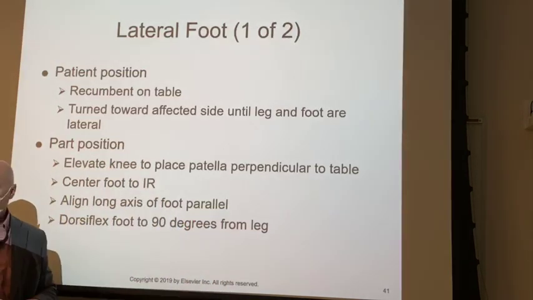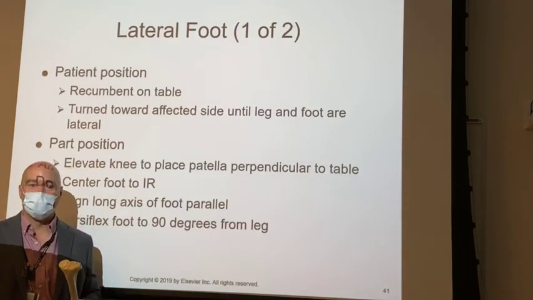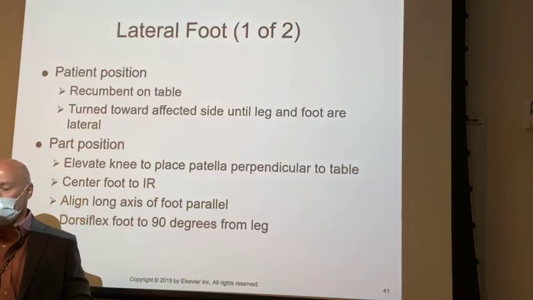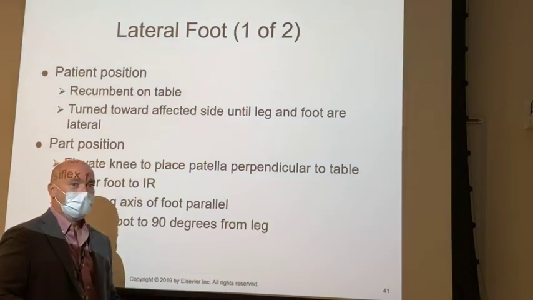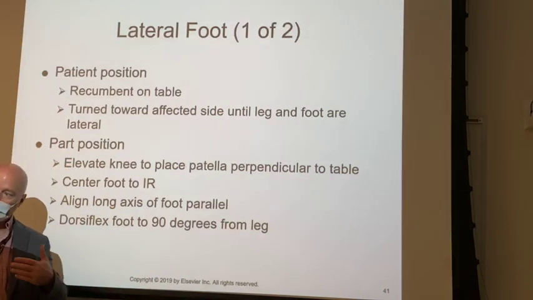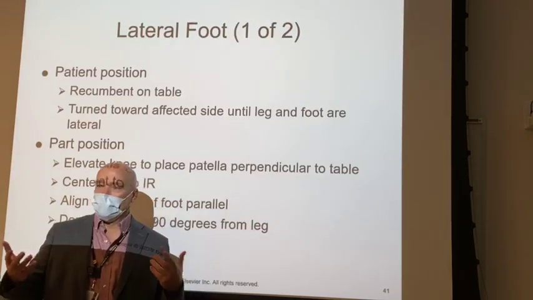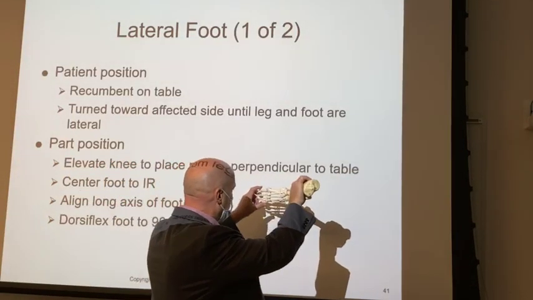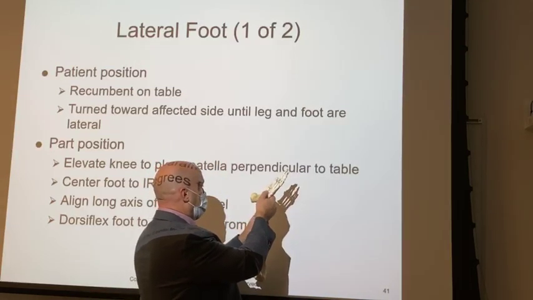So what you're going to be looking for on test questions is to get a more consistent lateral on the lateral foot. Which surface do you put down? Medial side, right? But most people, and probably most of the time, you're going to shoot with the lateral side down, and that's fine. Just make sure you dorsiflex the foot to 90 degrees if the patient can do it, and make sure that they're not supinated, so that the difference in the appearance of the metatarsals on lateral are going to be dorsiflexed 90 degrees, not dorsiflexed.